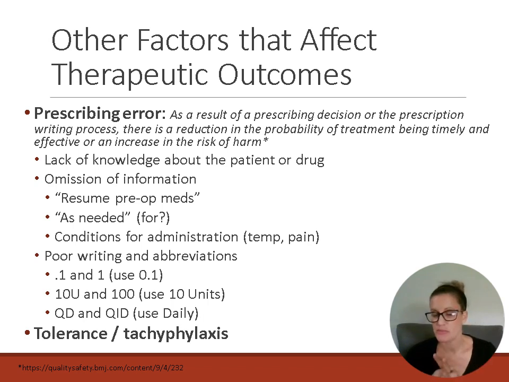Studies in U.S. hospitals suggest that prescribing errors occur in up to 2% of all medication orders written, and that prescribing errors cause harm in about 1% of all inpatients. That's huge.